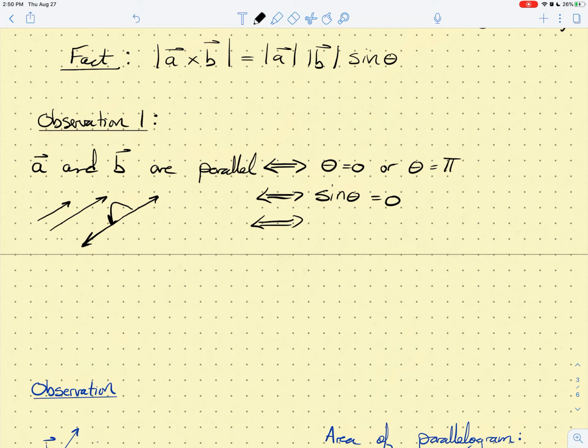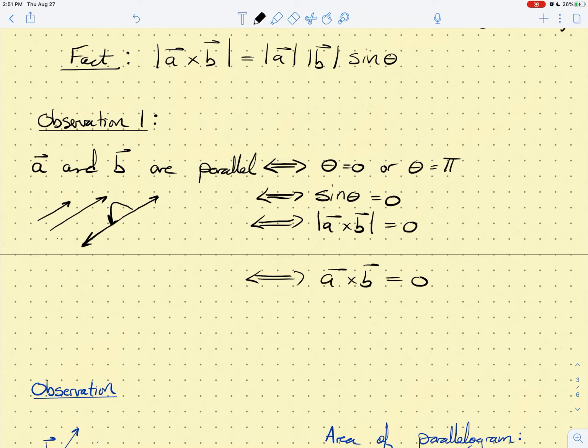So two vectors are parallel if and only if the length of their cross product is 0. But there's only one vector that has length 0. That's the 0 vector. If the length of A cross B is 0, then A cross B has to be 0. I think I said if the length of A and B, I meant A cross B.